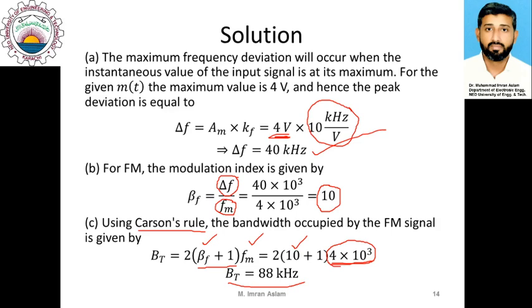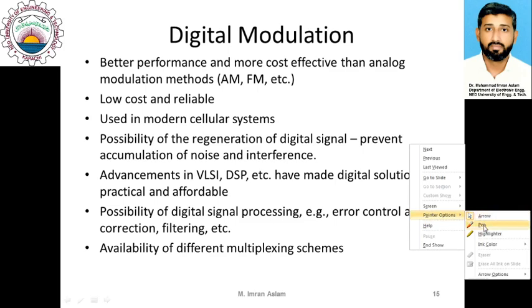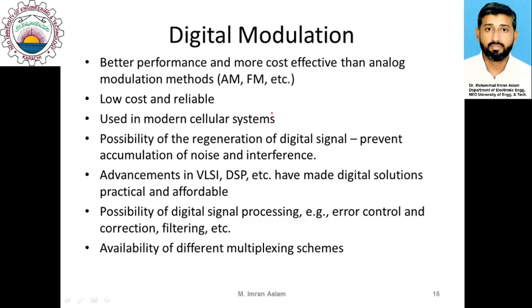So now let us move on to the digital modulation. The modern communication systems typically use digital modulations because of the variety of advantages that we get from the digital modulation. The digital modulation schemes have certain advantages as compared to the analog modulation methods, that is AM and FM.